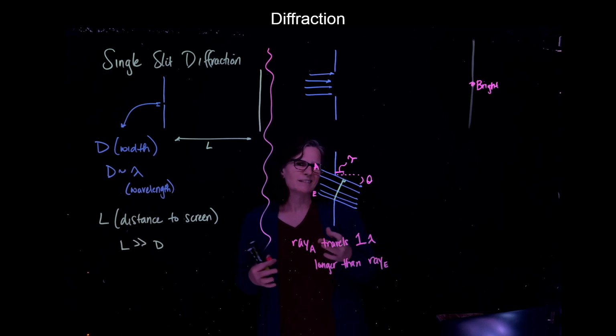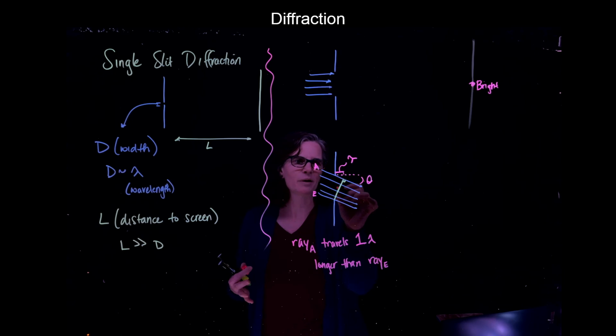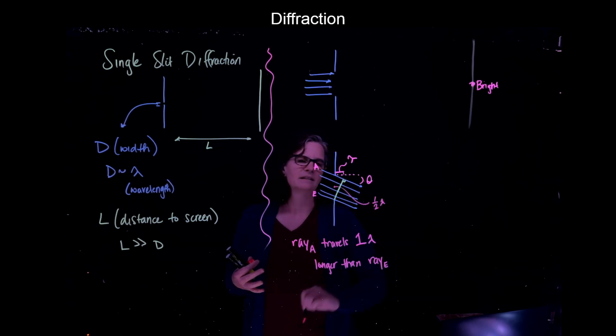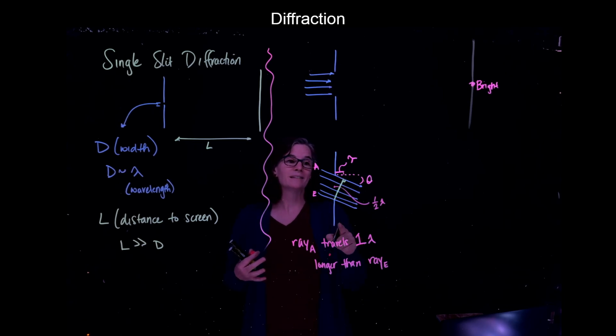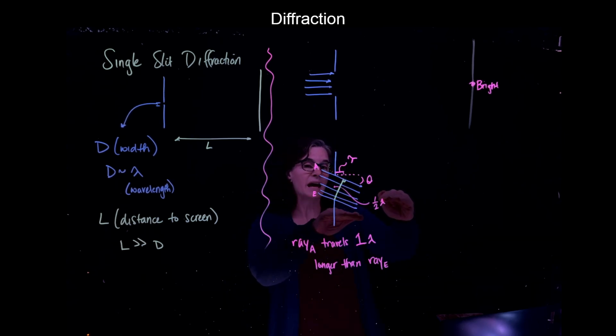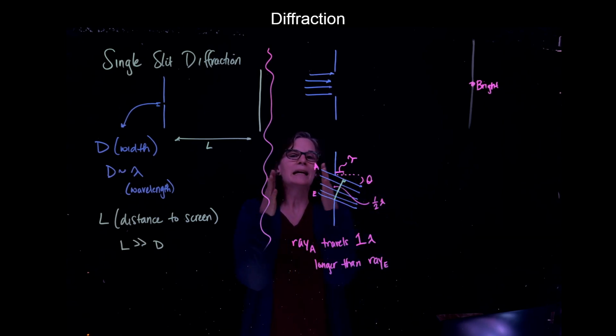Well, what does that mean? That means that halfway in between ray A and E, half a wavelength is traveled by the ray halfway in between. Which means this ray halfway in between and this ray E hit the screen shifted by 1/2 wavelength.